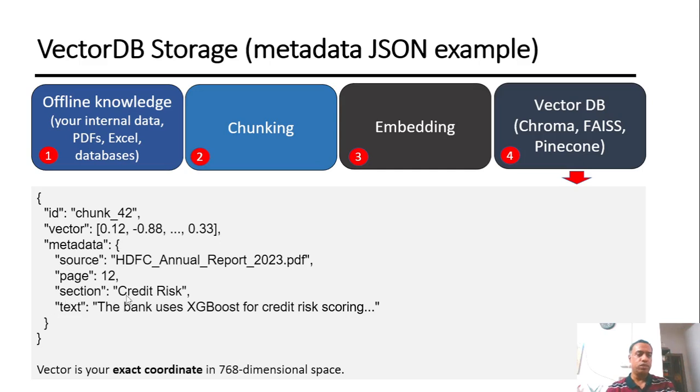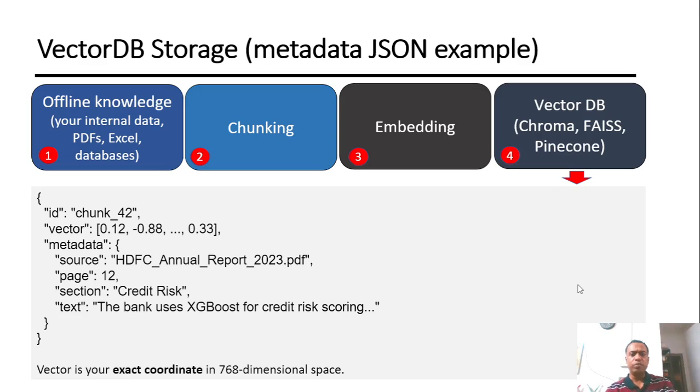So this vector is your exact coordinate in a 768-dimension space. What you also have to understand is, unlike a relational database, which is built for structured rows and columns, a vector database is built for unstructured data like documents, emails, audios, videos, right? And the indexes are automatically created, but you can also control them with IVF and HNSW, which are ANN algorithms, which stands for approximate nearest neighbor.